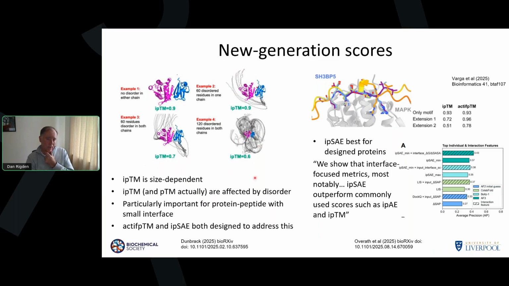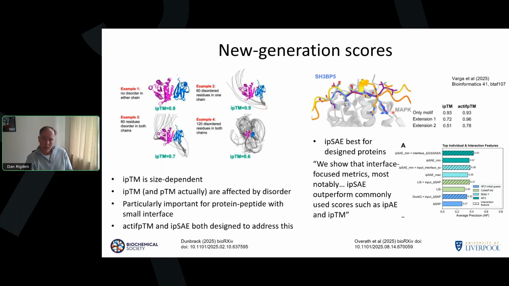And the more disorder you have, the lower the IPTM, even though the actual interaction between those two globular domains is exactly the same. So you're getting a falsely pessimistic idea of the score when you've got too much disorder there. So there are new scores, the actifpTM and the ipSAE score, which are both inspired to try and do a bit better.